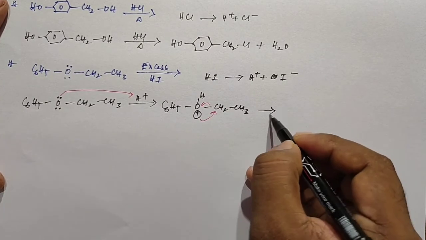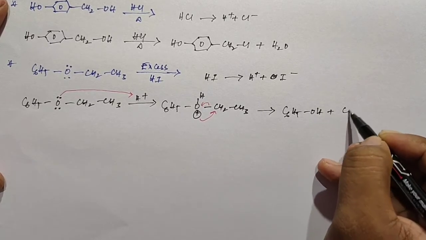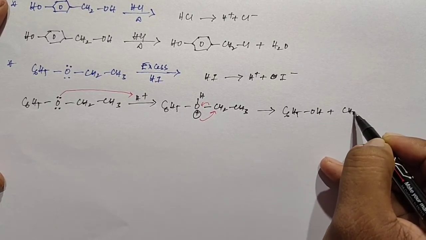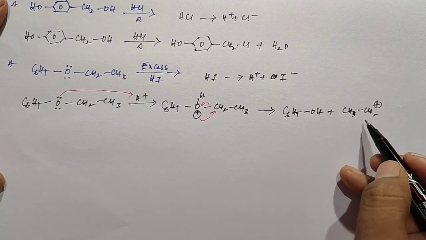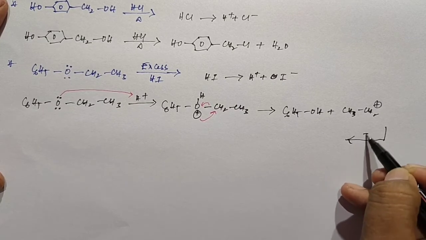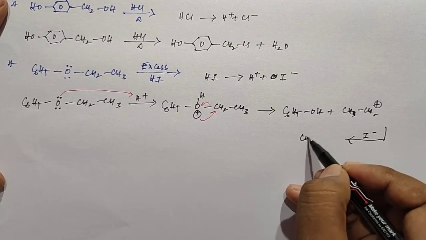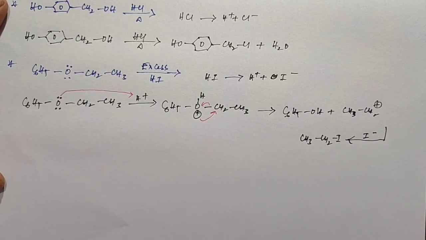We get the products phenol, C6H5OH, plus ethyl carbocation. What do we get? Ethyl carbocation. This ethyl carbocation reacts with iodide ion, and then it forms ethyl iodide.